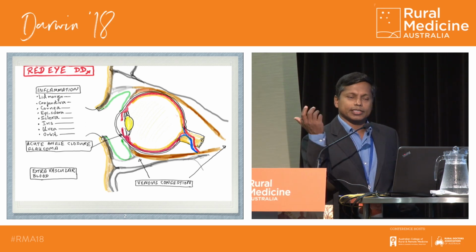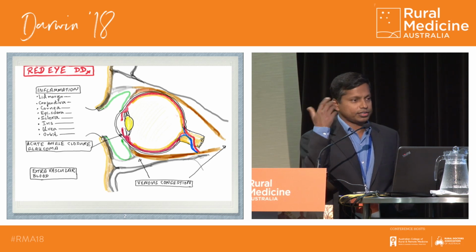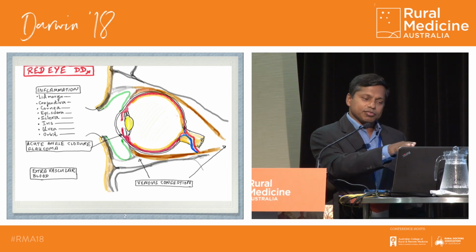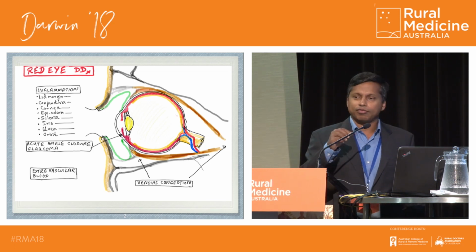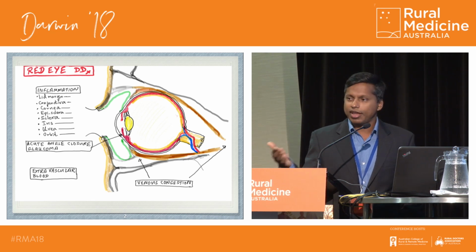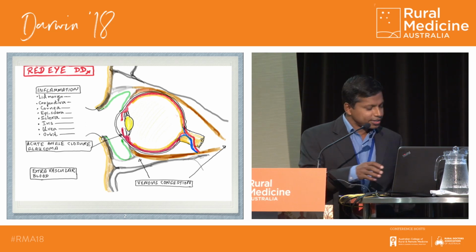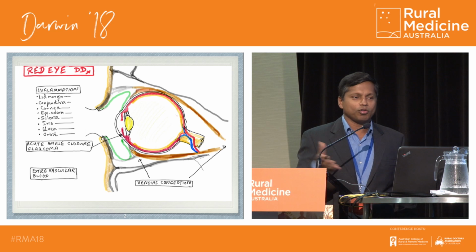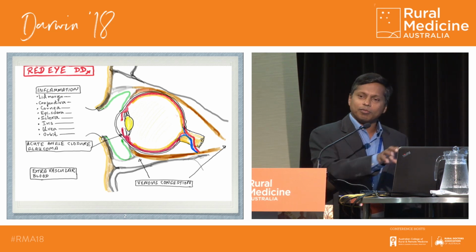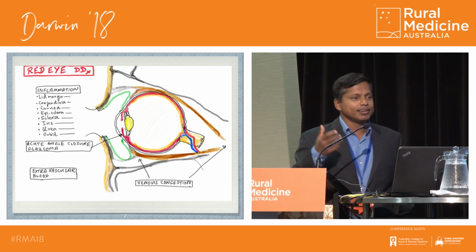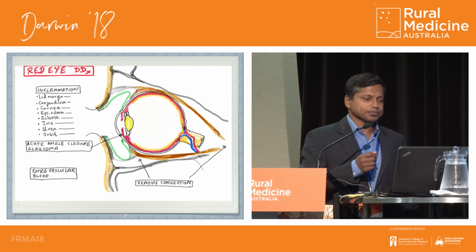Inflammation, as we know, is a common cause of red eye. Any structure getting inflamed can cause redness. And the different structures of the eye have different names when inflamed. For example, lid margin inflammation we call blepharitis, conjunctival inflammation is conjunctivitis. I'll give you about 30 seconds to work in a group or by yourself and try to complete that list by writing what you call the inflammation. So that's a diagnosis in a way. Okay?